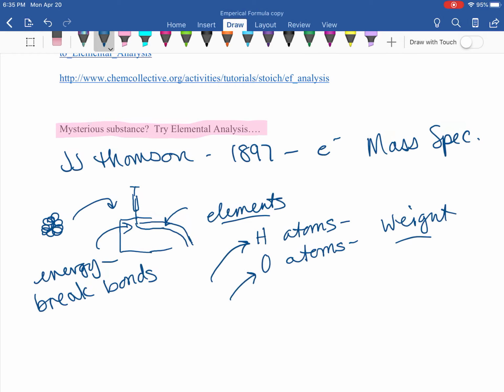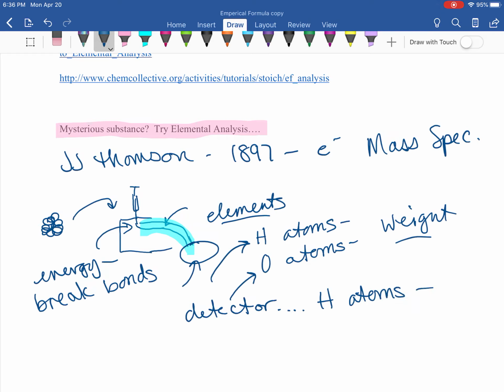They're different in their weight. So in theory then, your hydrogen is going to be a little bit lighter and faster. Your oxygen is going to be a little bit heavier and slower. So if you can get them to travel somehow, by the time they reach a detector or something that can tell what they are, and those detectors have gotten quite modern nowadays too. There's 5 or 6 different types of detectors on these.